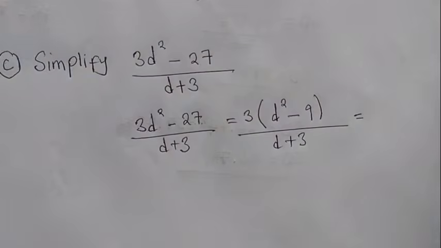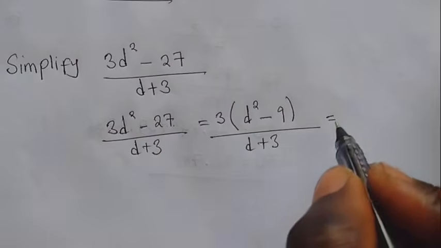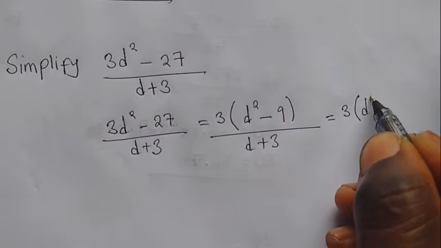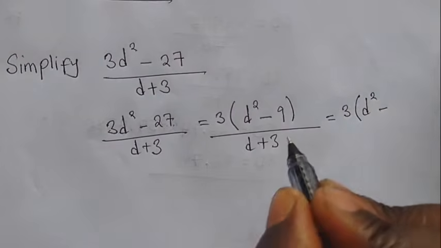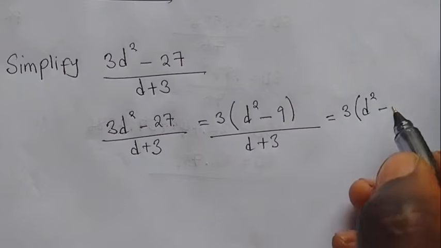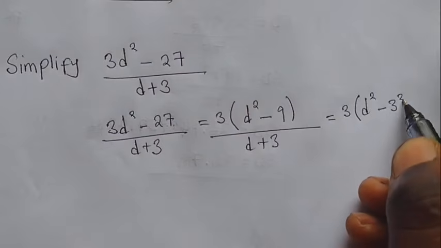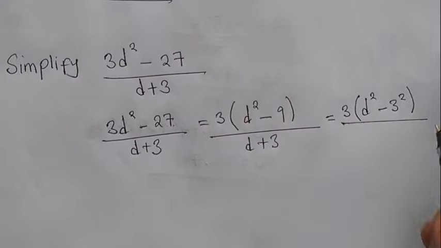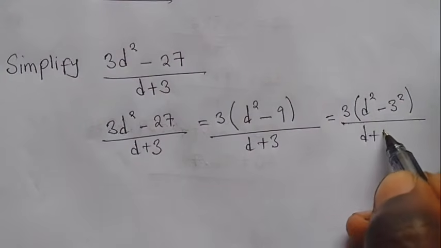We are going to write 3 open bracket d squared minus, since this d is squared, this 9 is a perfect square, we are going to write it in index form. We write 3 to the power 2 because we know that 3 to the power 2 is the same as 9, over d plus 3.